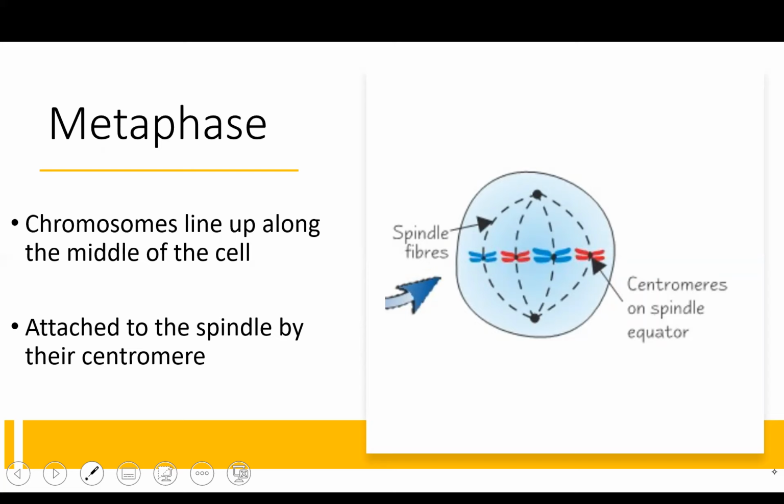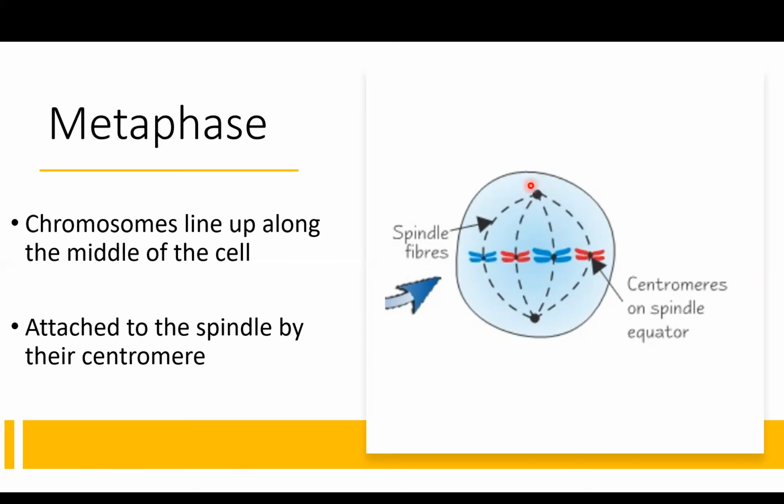So metaphase, sorry. Your chromosomes, each made up of 2 chromatids, are going to line up along the middle of the cell, along the cell equator. They line up with the centromeres there, and they become attached to that spindle that's coming from those centrioles.